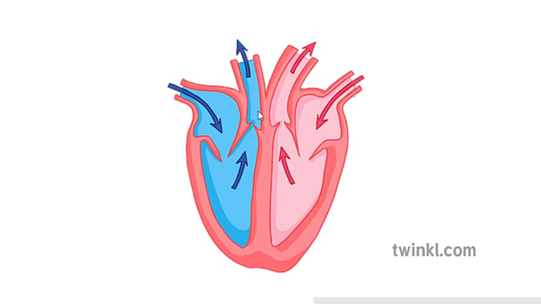Then after the ventricle has finished its contraction, it's going to relax, and when it relaxes, the aortic valve is supposed to close. If it doesn't close, it's called insufficiency.